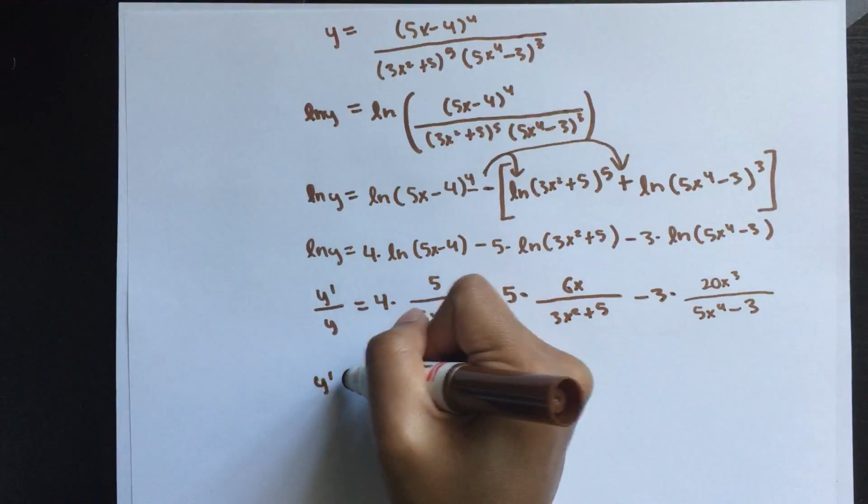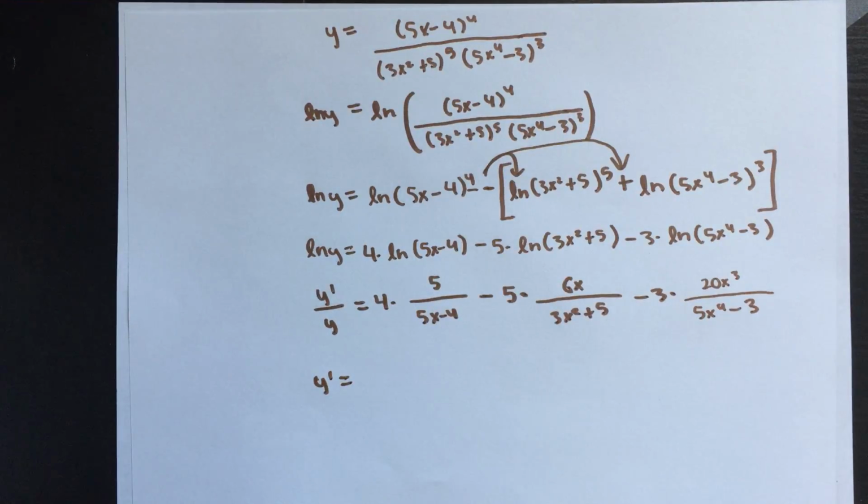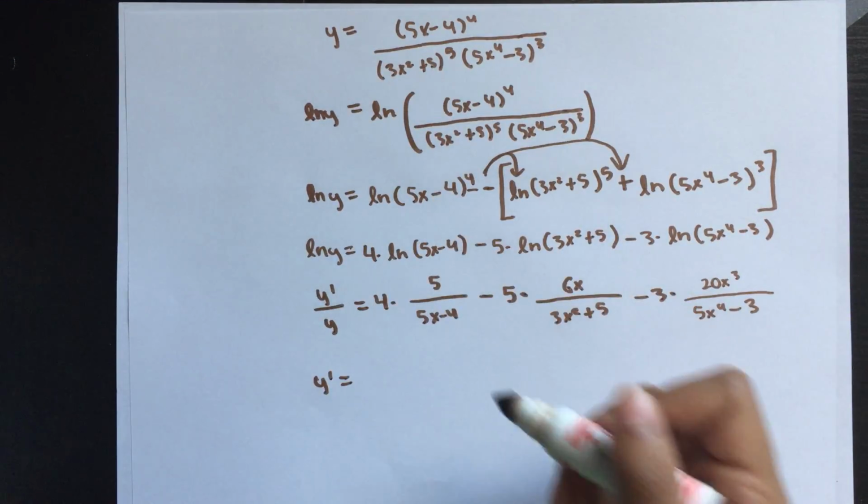So now we're going to multiply both sides by y so that we can get the y out of the denominator here.